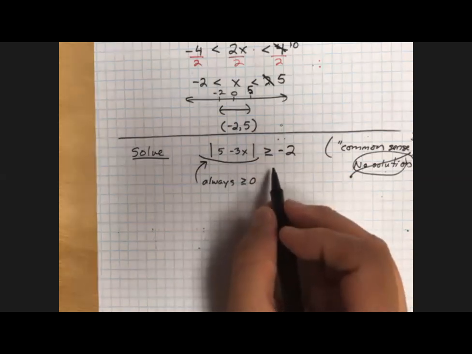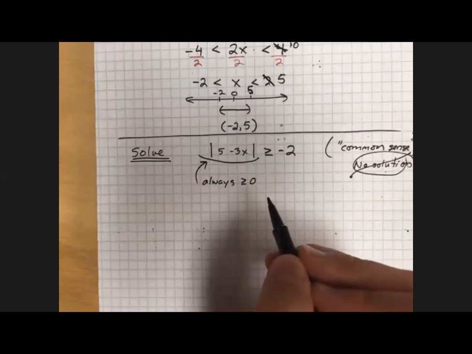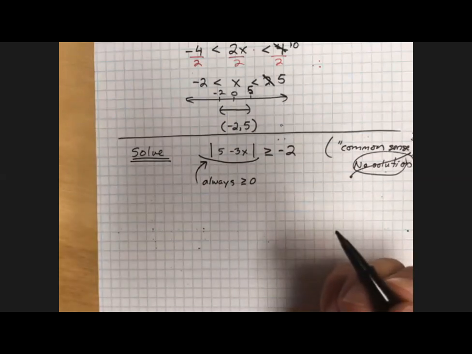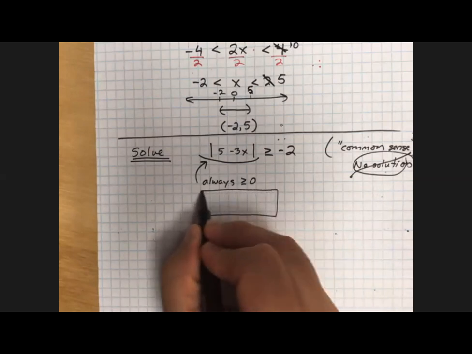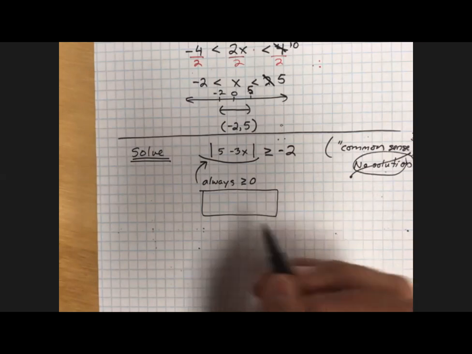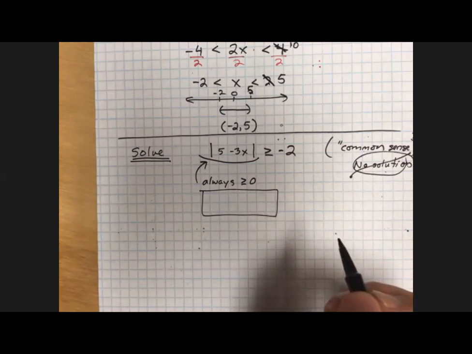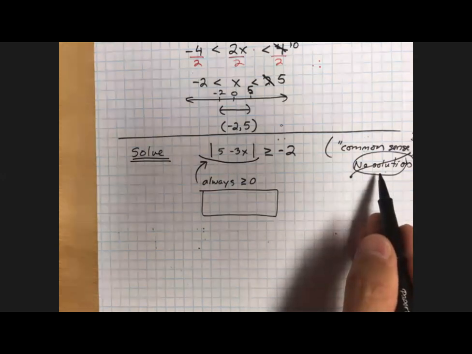So in that case, if someone asks you to solve this, solve means tell me the numbers that work. Solve means tell me the winners. Then what is the answer? What are the winners? You certainly don't want to say no solution.